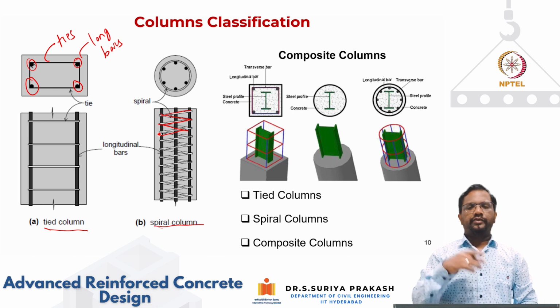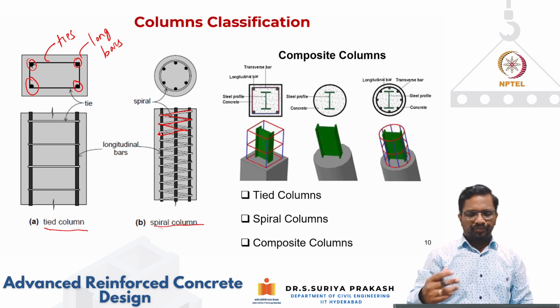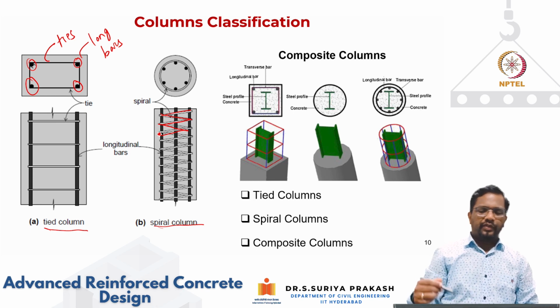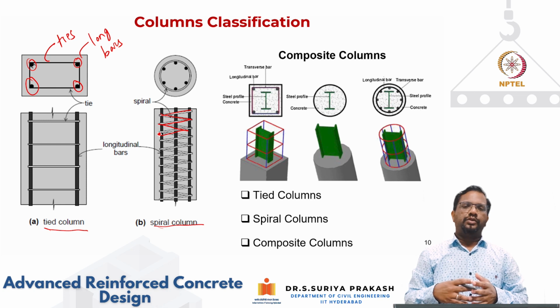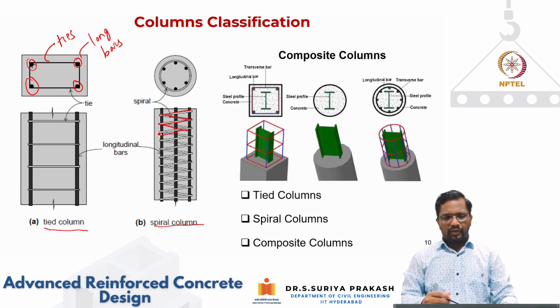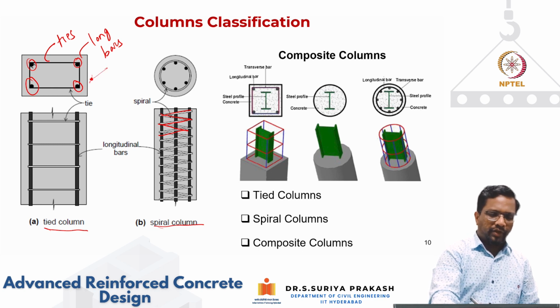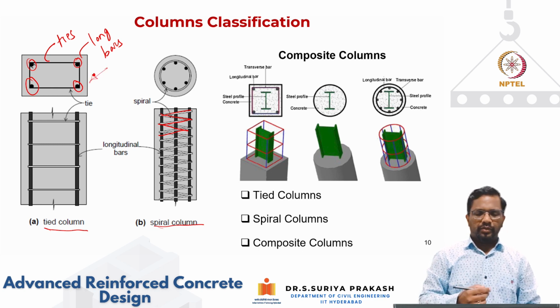Or you can also have circular columns with individual circular ties. That is also possible. But if you have a spiral reinforcement, the confinement effect is going to be higher, which we will discuss in the next parts of the module. So these are very common in buildings, where square or rectangular columns are very common.